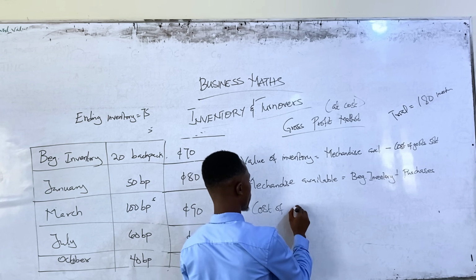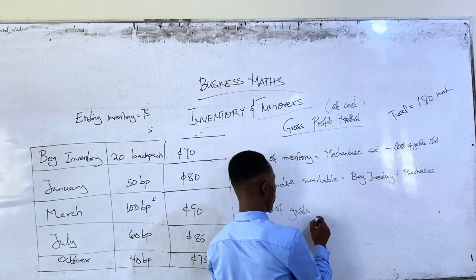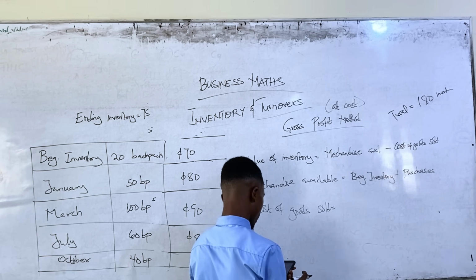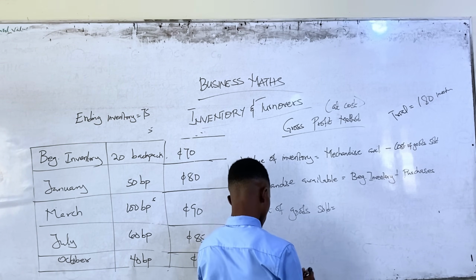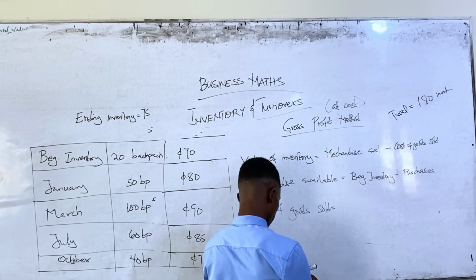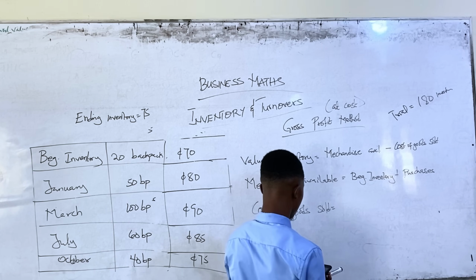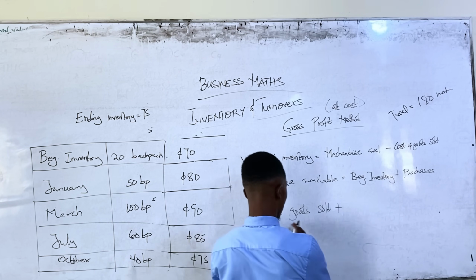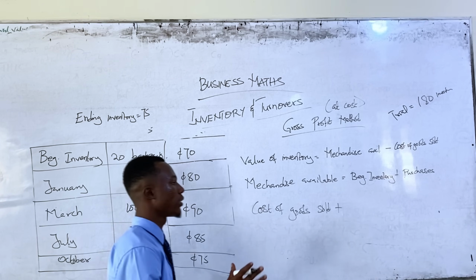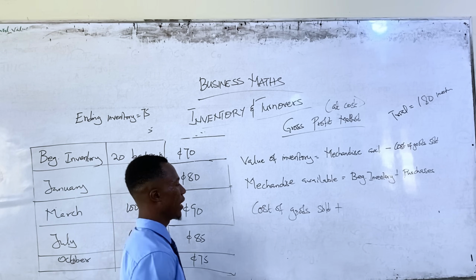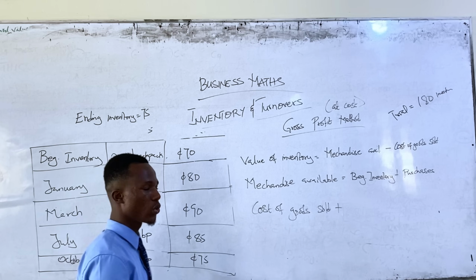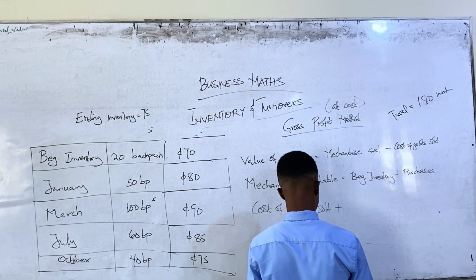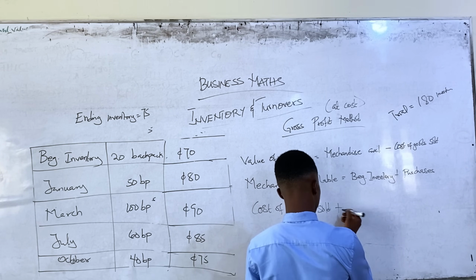So cost of goods sold, we call it COGS, is equal to... The original formula uses net sales to calculate cost of goods sold. So it is cost of goods sold plus the markup.